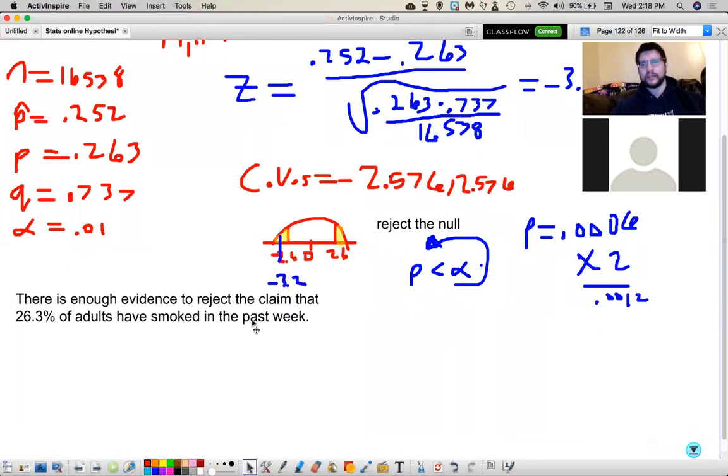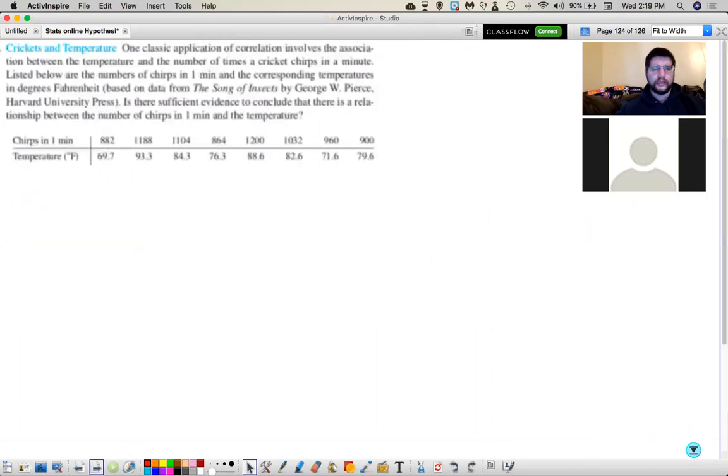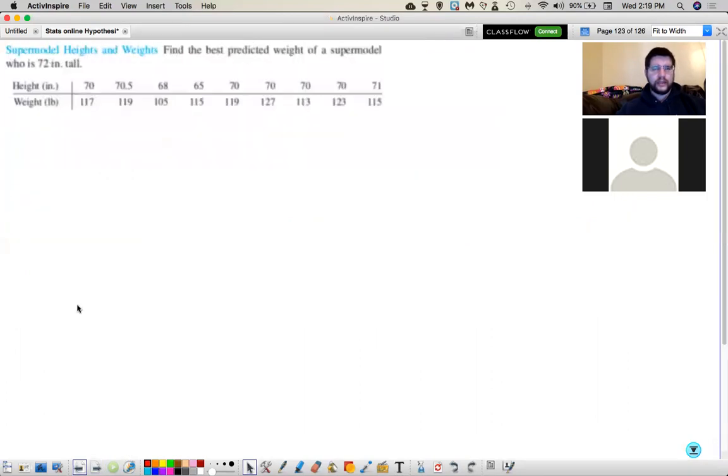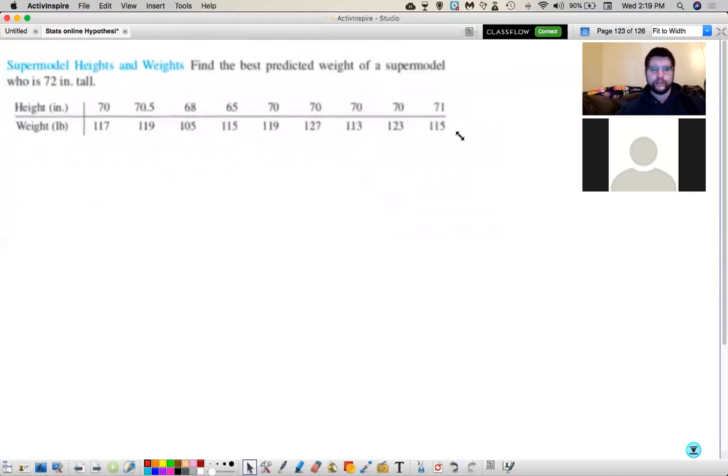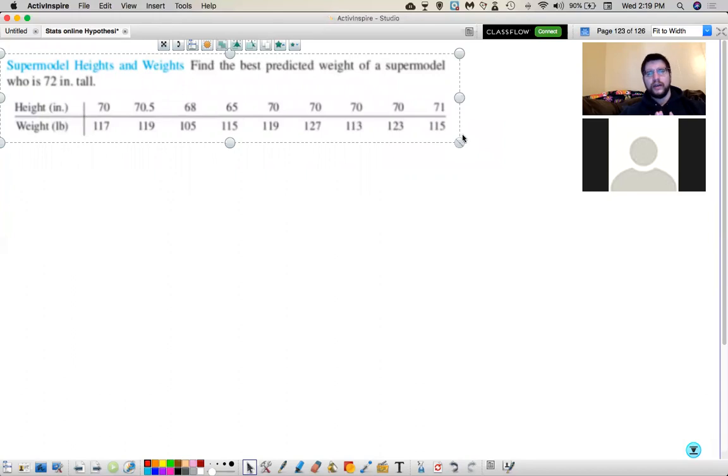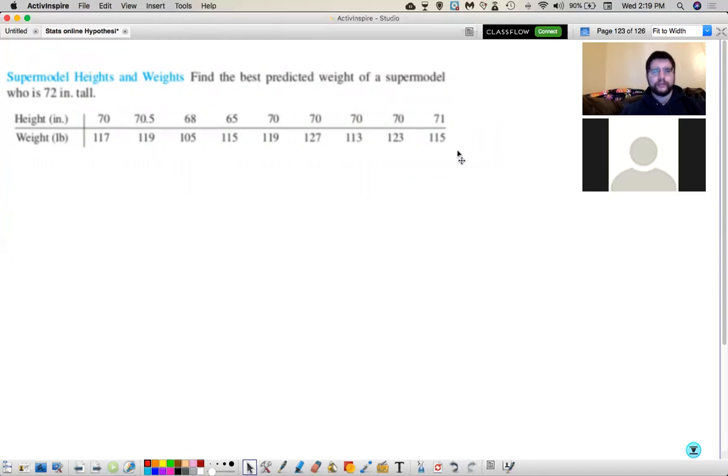So that's it for hypothesis testing. We've got a correlation coefficient and a linear regression coming up. Easy peasy on these guys. And that's going to be the entire test for review. So again, regardless of which calculator you use, you're just going to type in the information and do whatever it tells you.